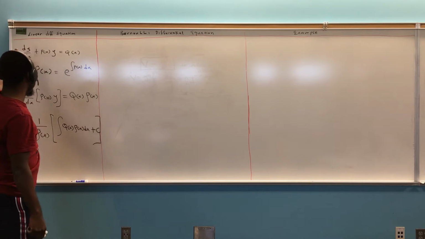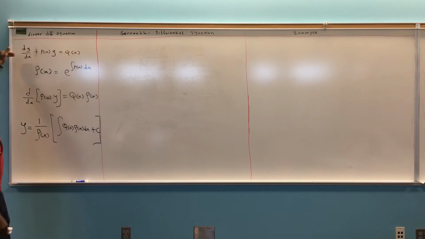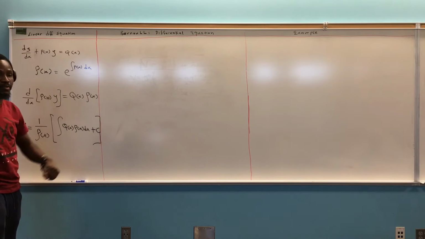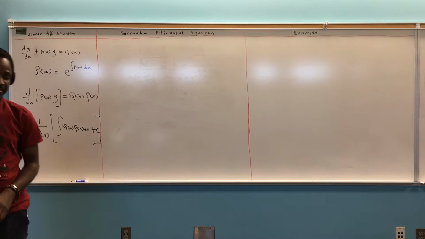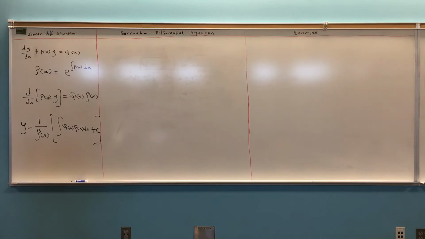And to recap, we have the general form for linear differential equations as this: dy/dx plus p of x y equal to q of x, where x is your independent variable, y is your dependent. To solve this kind of equation, you have to find something called the integrating factor.